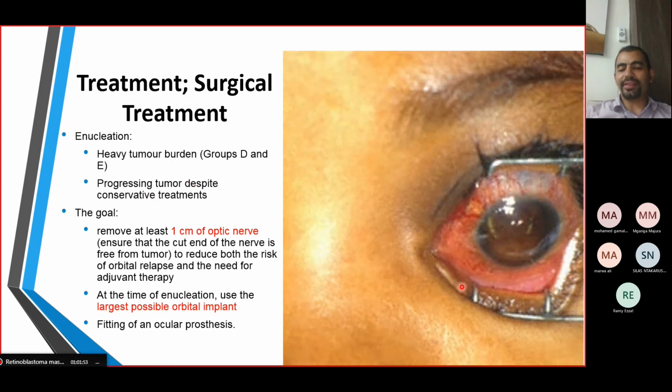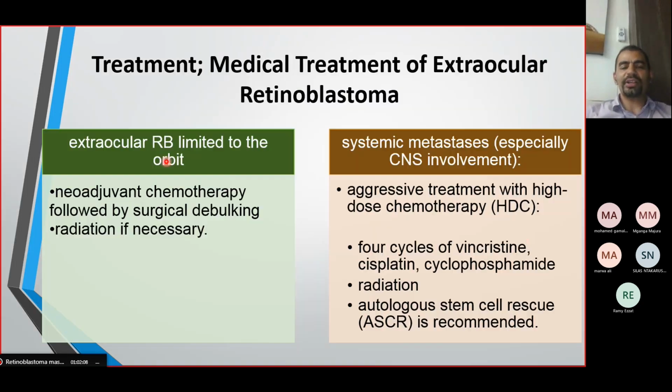We dissect the periosteum all around on all walls of the orbit, and we remove all the contents, the eye globe, the orbital tissues and the extraocular muscles. We do that if there is an orbital extension. If there is distant metastasis, usually we do high dose chemotherapy. So we give multiple agents and multiple cycles to control the distant metastasis.